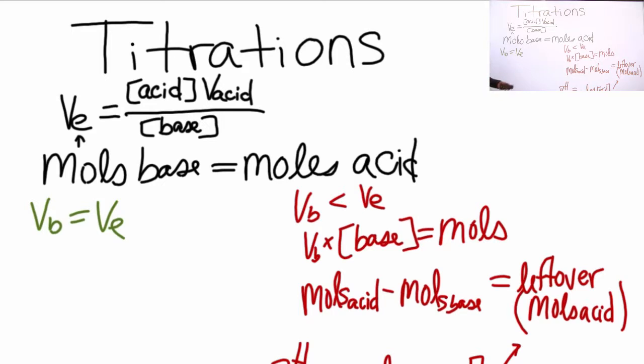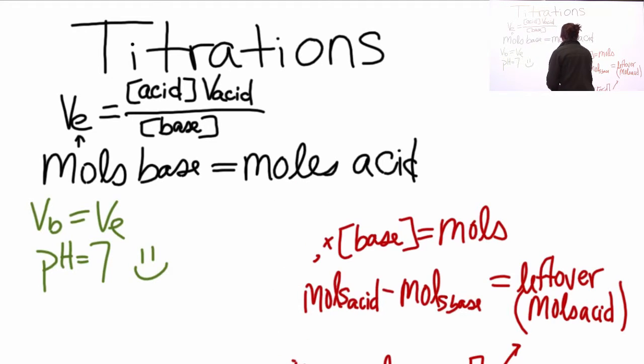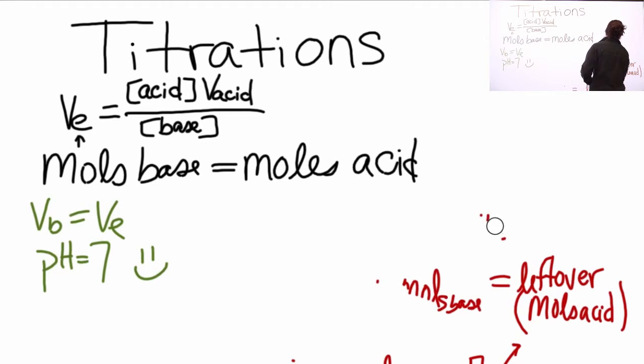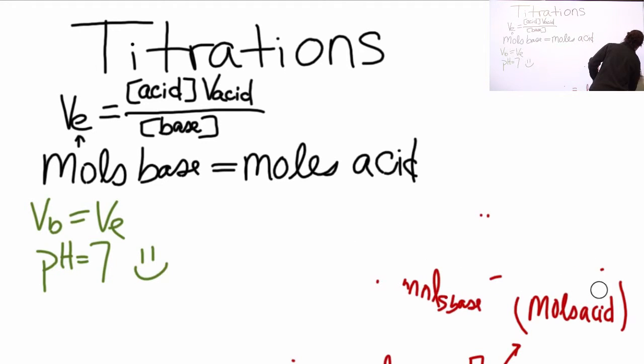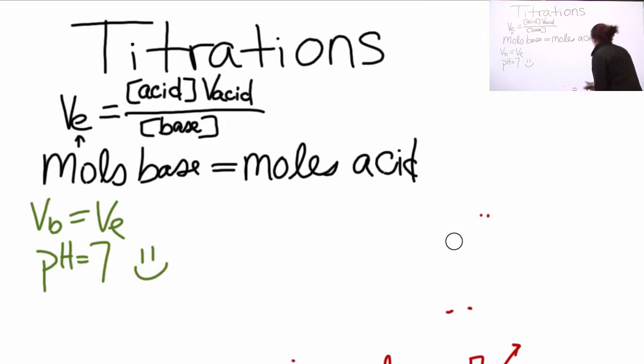And this is a really great situation because if it's a strong acid, you can just automatically assume that the pH equals 7. So, yay!